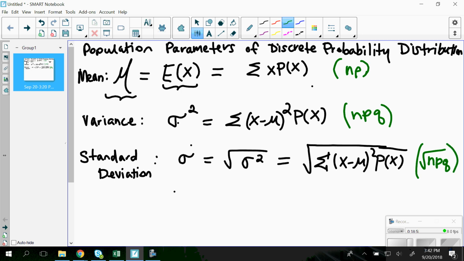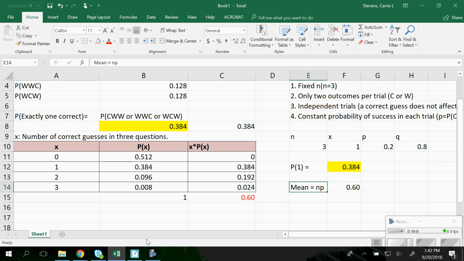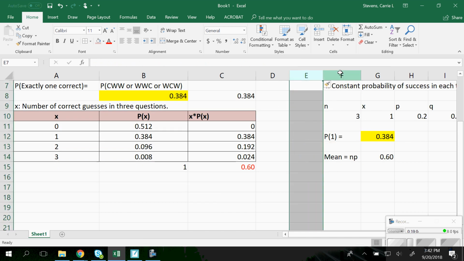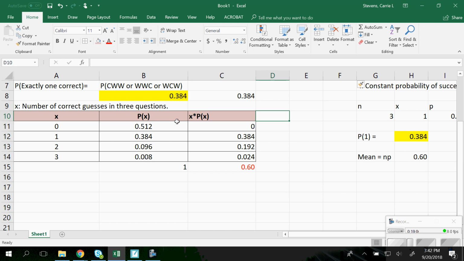Okay, so let's test that out with Excel. I'm going to make some more room here. Now that I have my mean calculated, I'm going to calculate the x minus the mean squared, and then times p of x, so I can add those all up to get my variance.